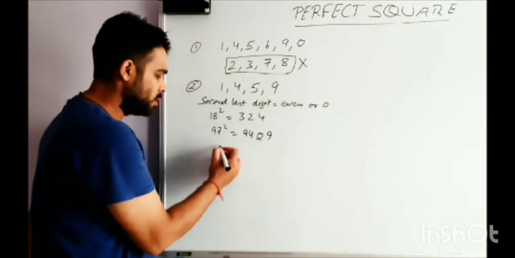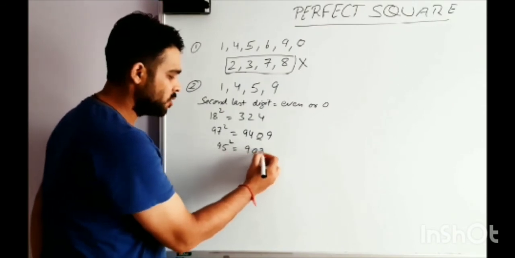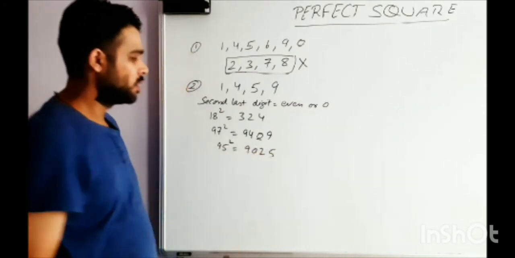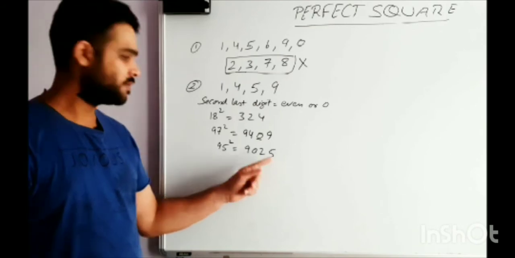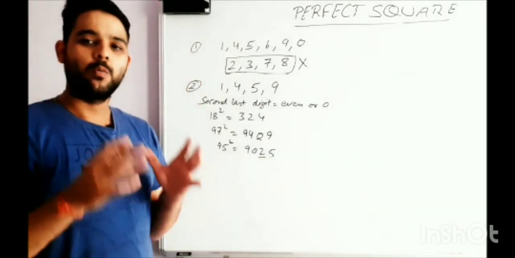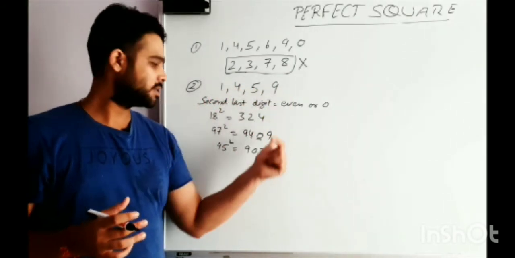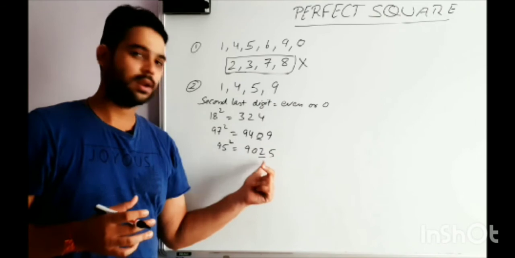Now if suppose you have 95 square, that is 9025. So the last digit was 5, your second last digit was an even number. You can see whenever the last digit is either 1, 4, 5 or 9, the second last digit will be an even number.